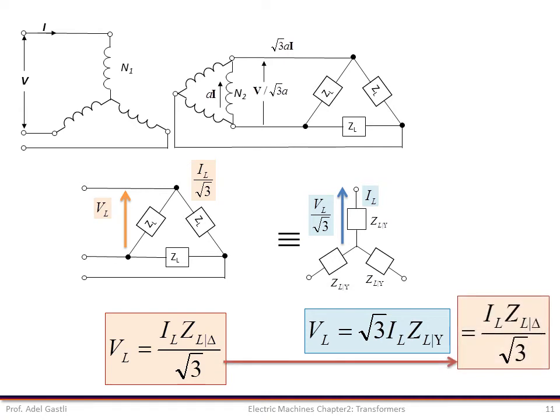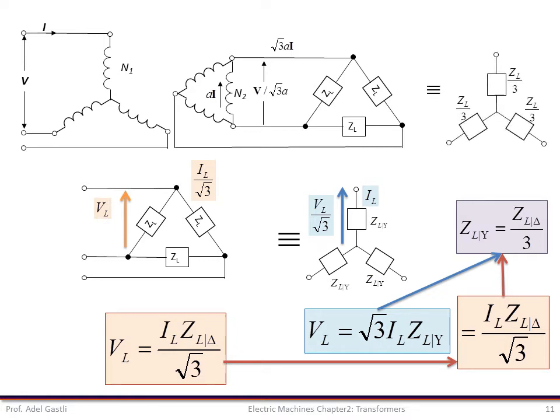The same line voltage expression should apply to the Y equivalent circuit as for the delta connection. Therefore, we can deduce that ZLY is equal to ZL-delta divided by 3. So in the delta-Y transformation of the load impedance, the impedance in the Y connection is 1/3 of the impedance in the delta connection.